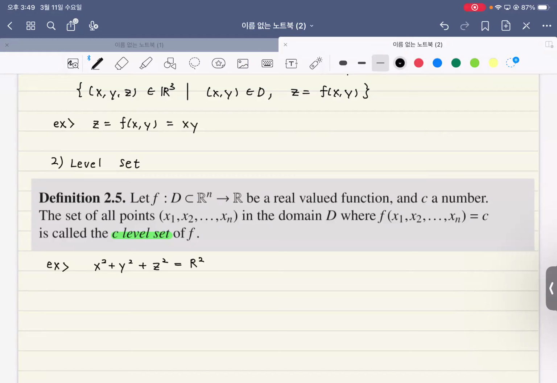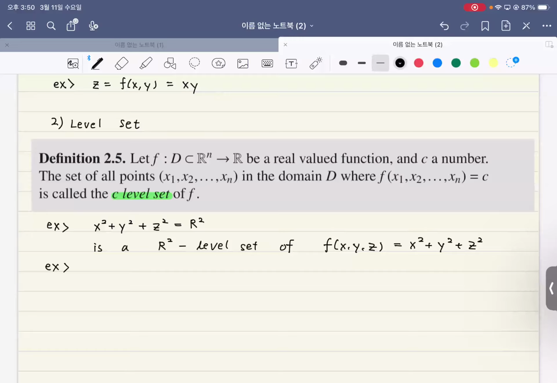What function? The level set of the function f, which is x squared plus y squared plus z squared, at level R squared. So such a nice surface can actually be modeled by a level set.